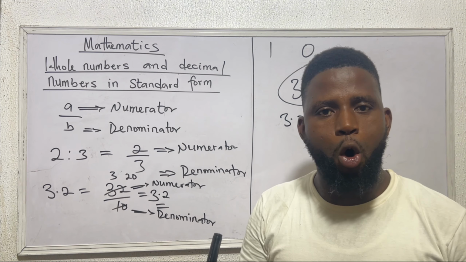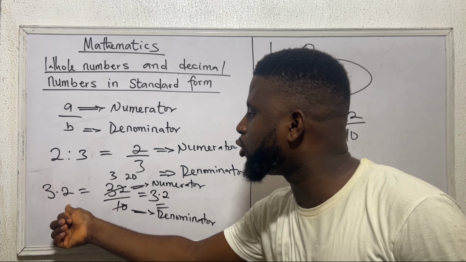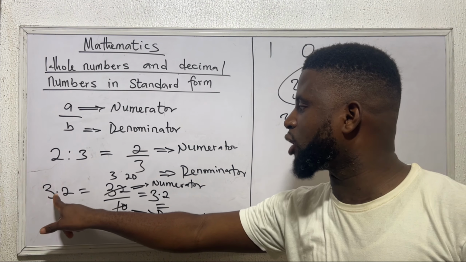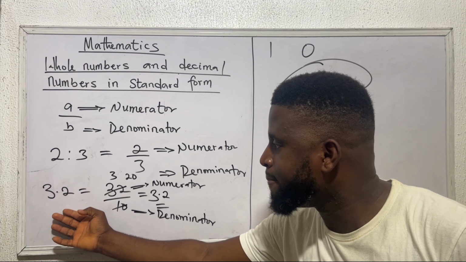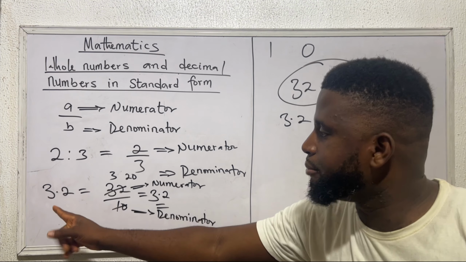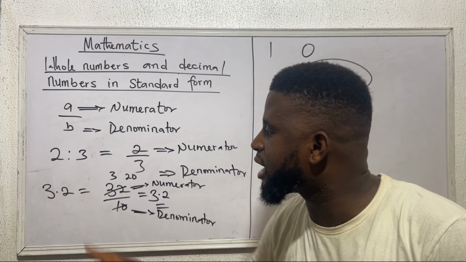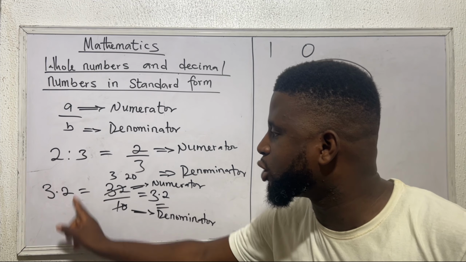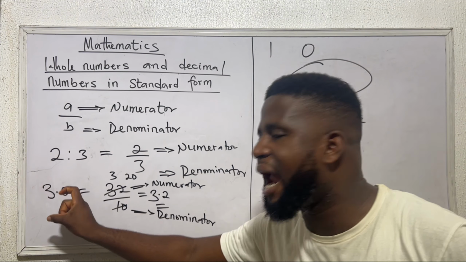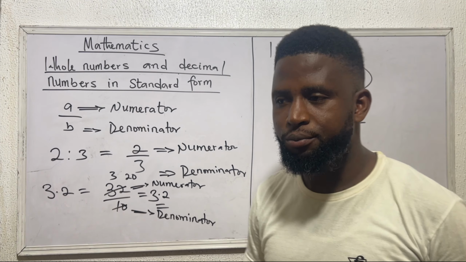That is, whole numbers are numbers that don't have any decimal number attached to them, just like we have 3.2. Point 2 here is the decimal number attached to 3. And because point 2 is already attached to 3, we can no longer call 3 a whole number. So 3.2 then becomes a decimal number, which is also fractional in nature.